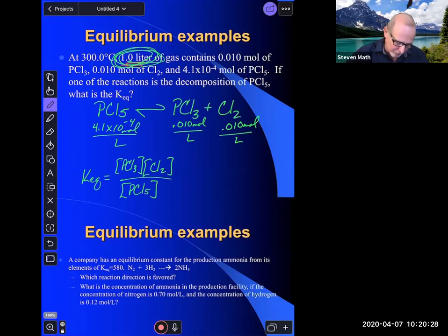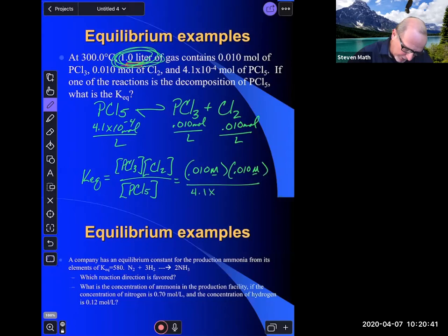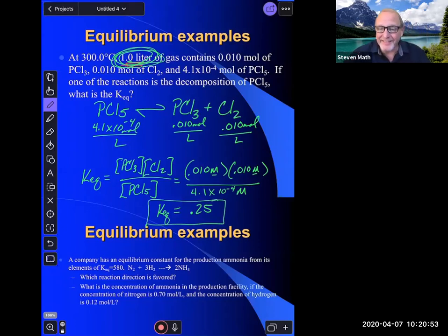So all we have to do at this point is plug our numbers in: 0.010 molar, 0.010 molar, over 4.1 times 10 to the negative fourth molar, and we get a KEQ of 0.25. That's less than 1.